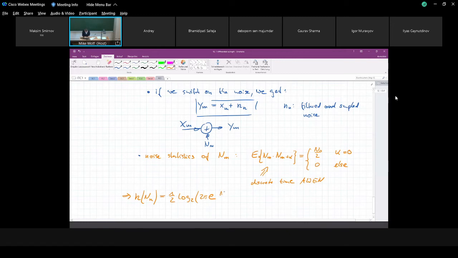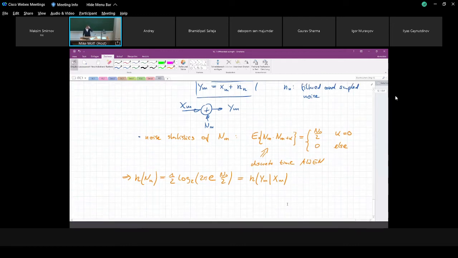But now this is a little bit strange. It's a noise power spectral density. Why? Because our parameter, which describes the channel, is a power spectral density and not a noise power. And this is equal to h of Y_m given X_m. You remember we had this before. This is the irrelevance, so we already know the irrelevance.